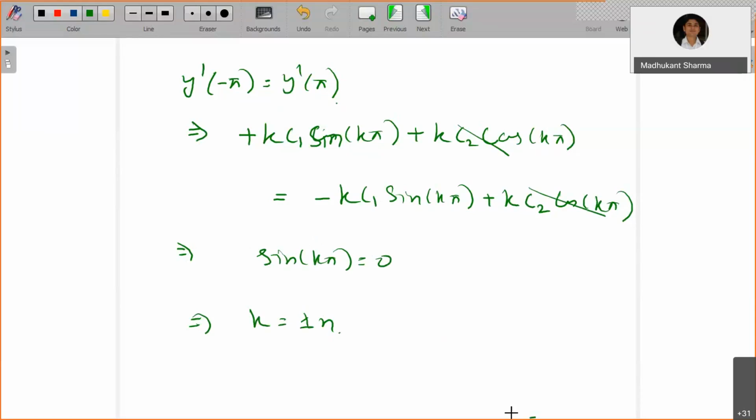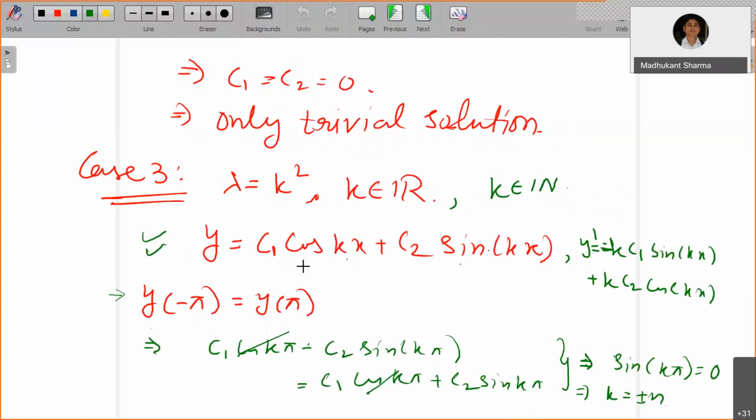So this implies lambda equals n square, for k equals 0, 1, 2, 3, 4 and so on. For k equals 0, you have cos 0 is 1, sin 0 is 0.